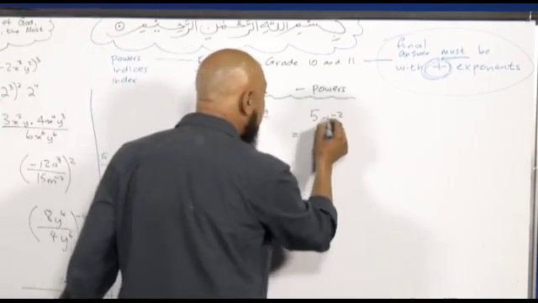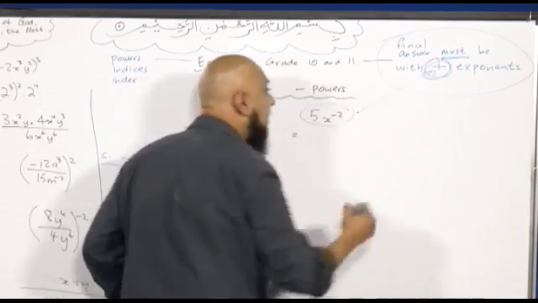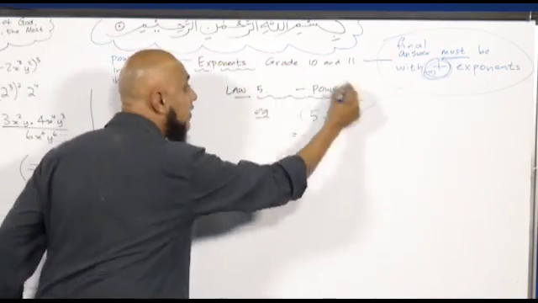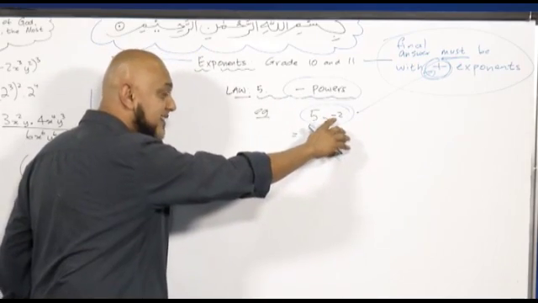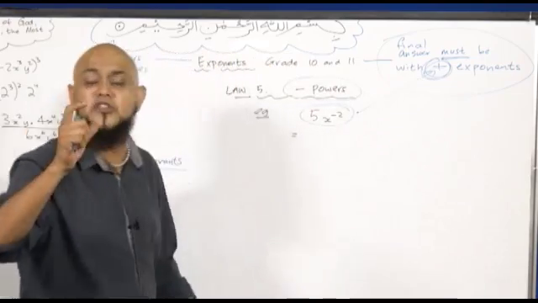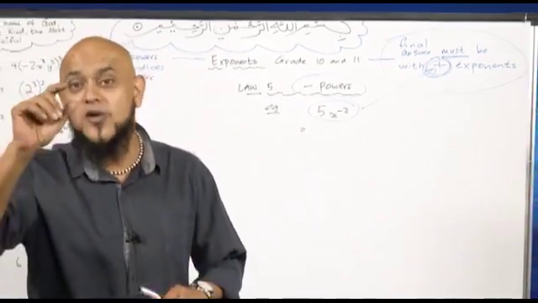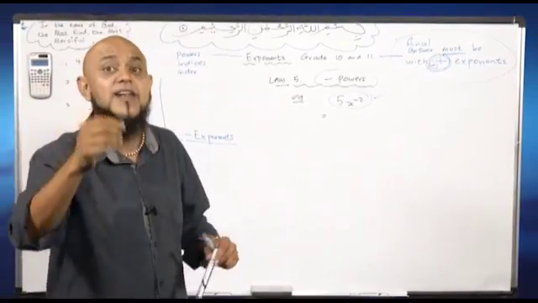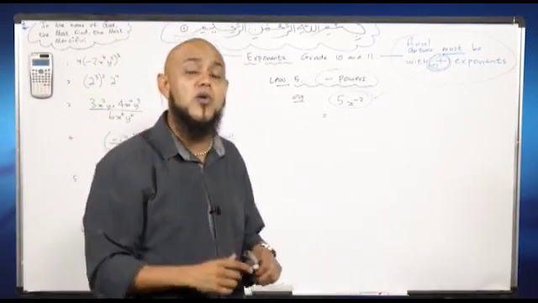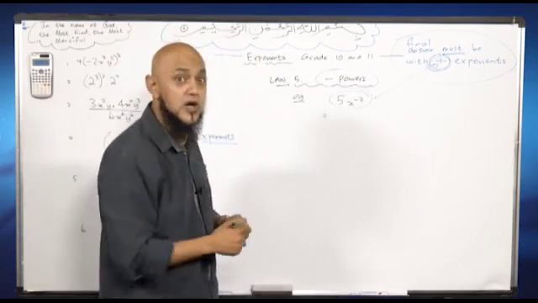What happens in this situation? How do we get it to a positive power? That's what this law deals with, the negative power. We need to convert it to a positive power without changing the answer, so that our answer will always be with positive powers. How do we do that? Many of you still don't know how to do it.